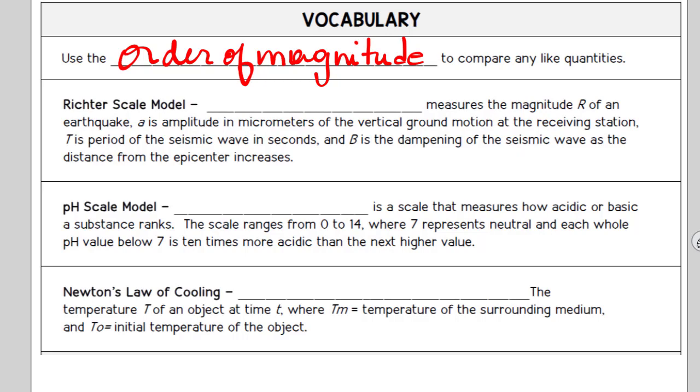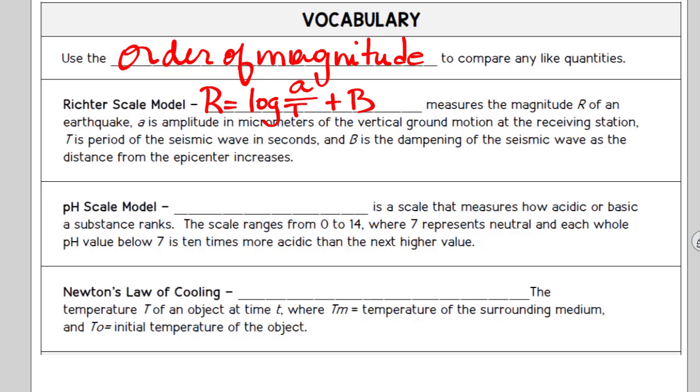Okay, we're also going to look at the Richter scale model. The formula for that is R equals log of A over T plus B. This formula measures the magnitude R of an earthquake, where A is the amplitude in micrometers of the vertical ground motion at the receiving station, T is the period of the seismic wave in seconds, and B is the dampening of the seismic wave as the distance from the epicenter increases.